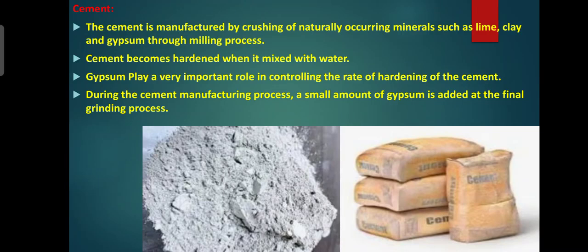Now move on, cement. In the ancient period, houses were constructed using a mixture of lime, sand and wood. At present, people widely use cement for the construction of houses, dams and bridges. What is cement?